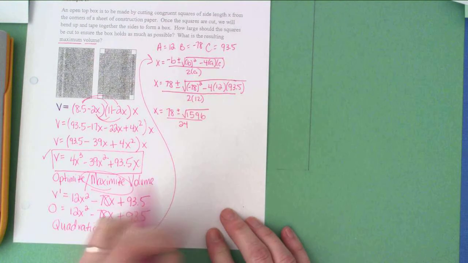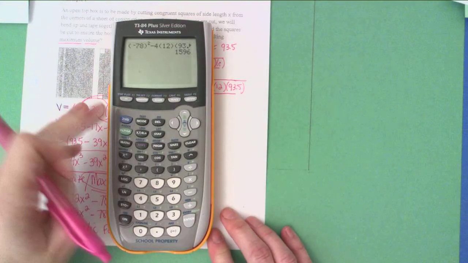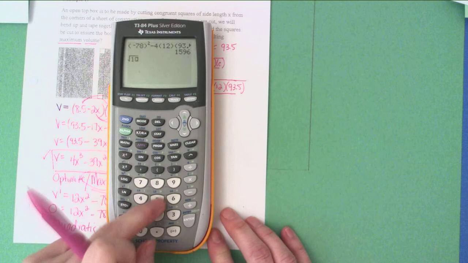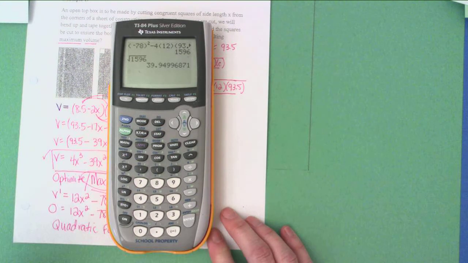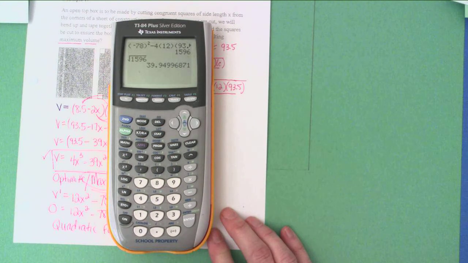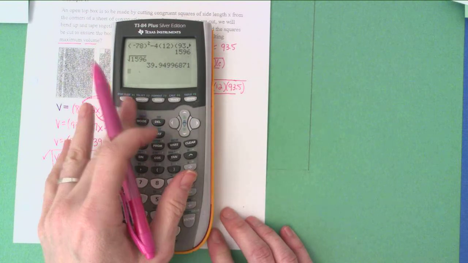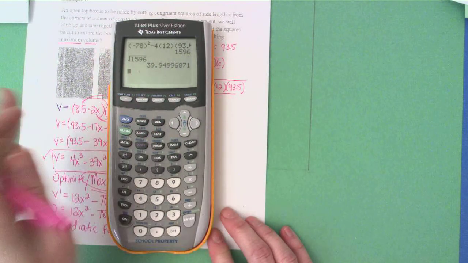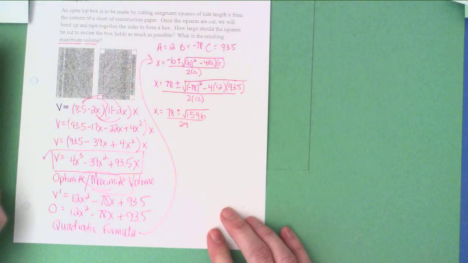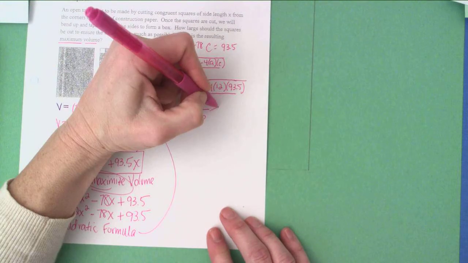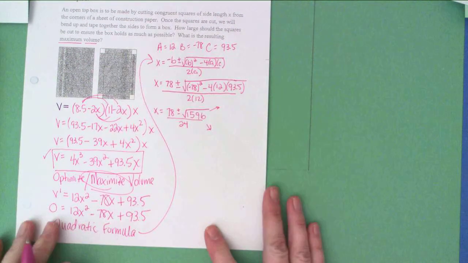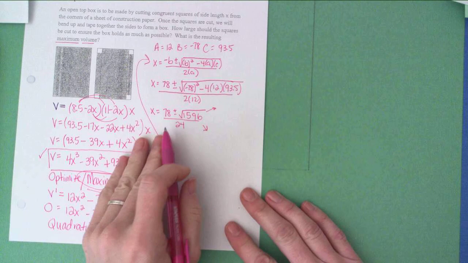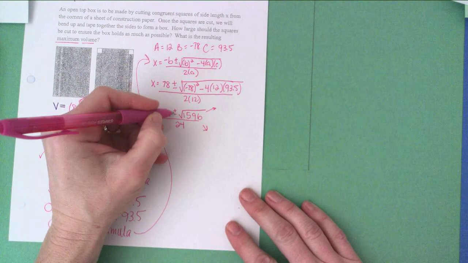Now, I always check if that is a perfect square. 1,596 is not a perfect square. So for accuracy of my answer and to leave my answer unrounded until the final step, I'm actually going to split this problem into 2 different parts. First, I'm going to address the plus.